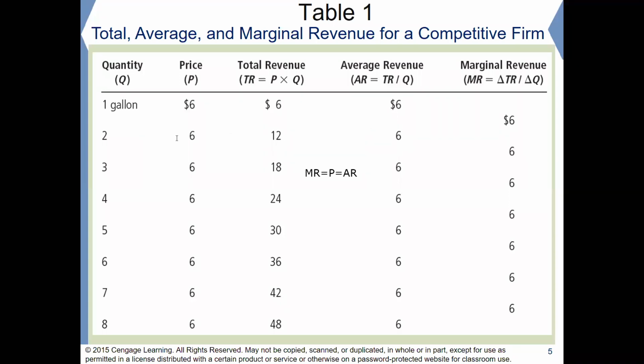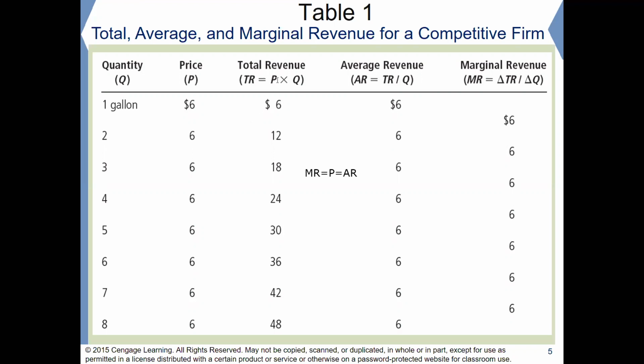We can say that selling 2 gallons will give you the maximum benefit. Why? Because your average revenue is equal to 6 and the price is 6. If you go with the 4th gallon, you will see the same things as well.